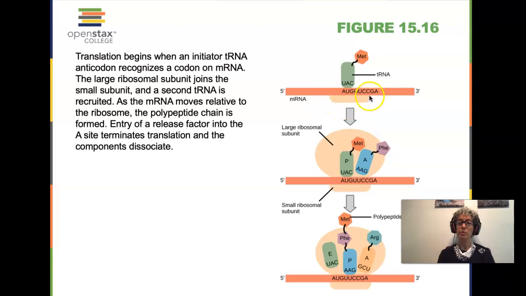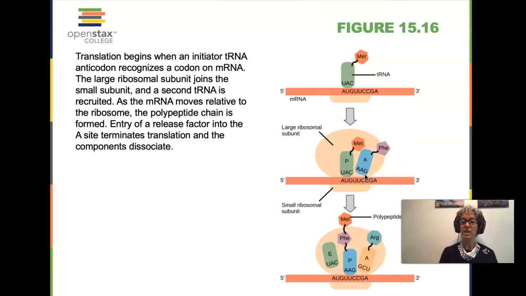Once the small subunit of the ribosome is bound, then the tRNA that has the anticodon for that first AUG start codon hydrogen bonds. And AUG is the codon for methionine. So the methionine is attached to the tRNA. The tRNA is hydrogen bound to its complementary bases from the anticodon on the tRNA to the codon on the mRNA. That is the signal for the large ribosomal subunit to bind.